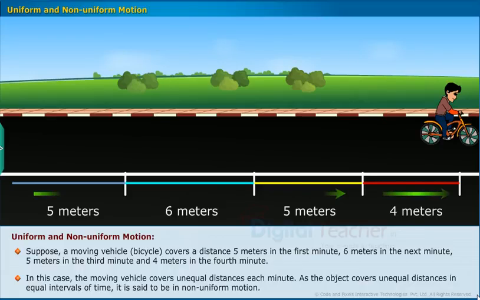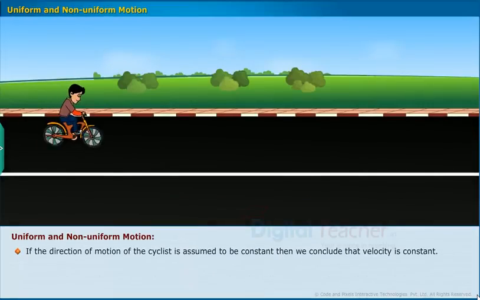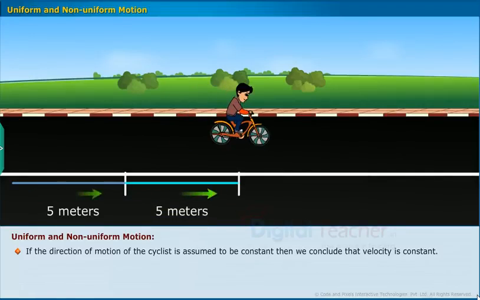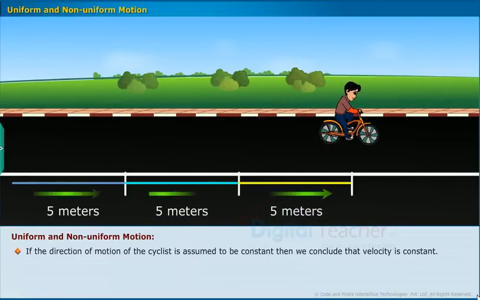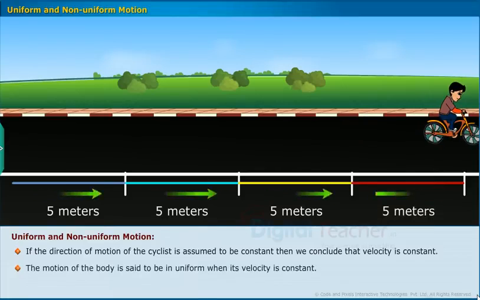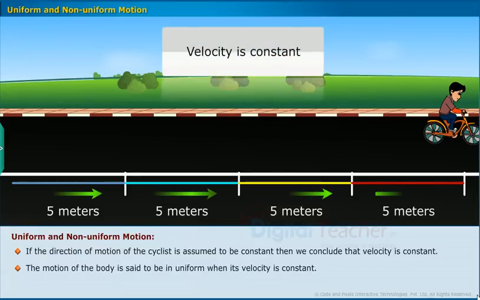As the object covers unequal distances in equal intervals of time, it is said to be in non-uniform motion. If the direction of motion of the cyclist is assumed to be constant, then we conclude that velocity is constant. The motion of the body is said to be uniform when its velocity is constant.